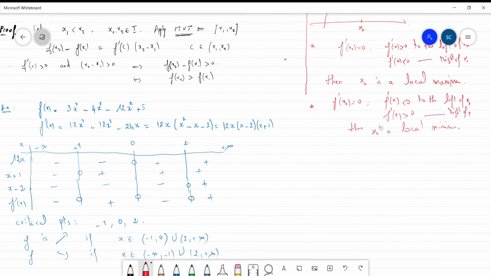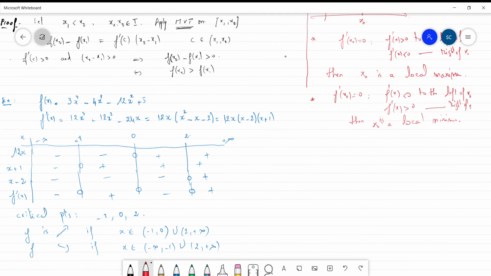For our situation here, as an example, we see that at -1 the derivative is 0, but it's negative here and positive here. So decrease, increase, so we will have a local minimum.